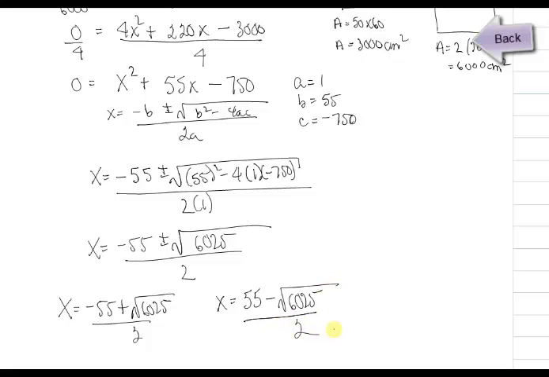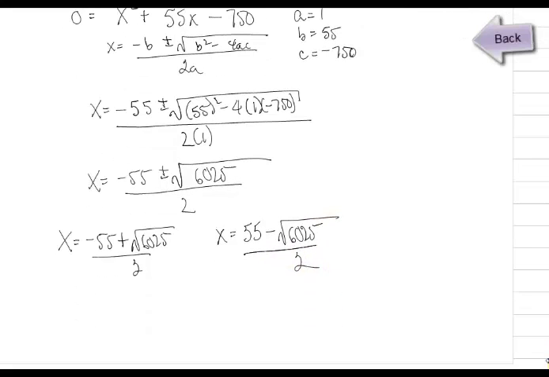So when you get your calculators out, because we're going to round off to the nearest tenth, the first one will be about 11.3. And the second one, I'm going to get negative 66.3. I reject the second one because it's negative and I can't have a negative width or length.